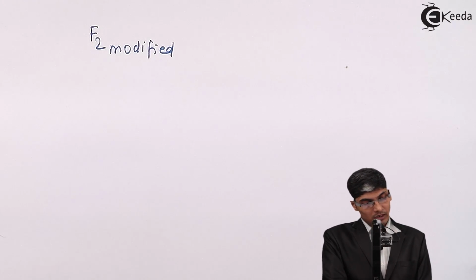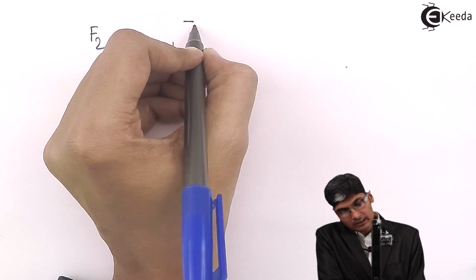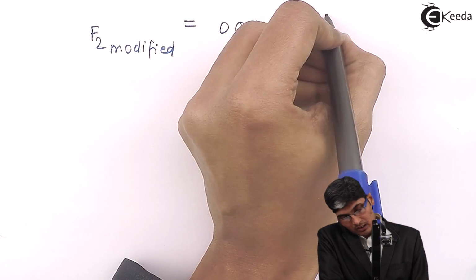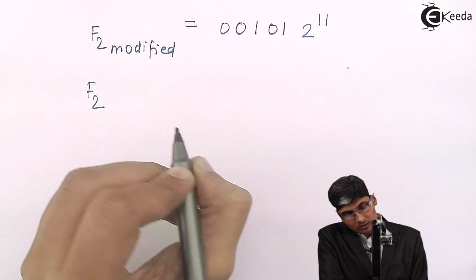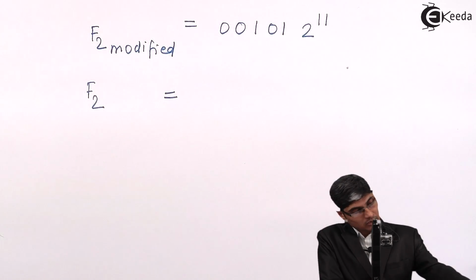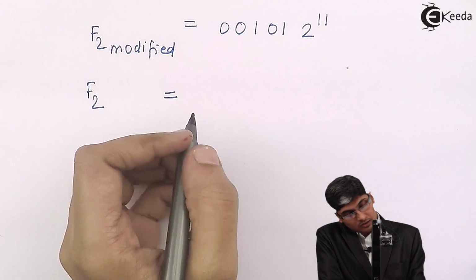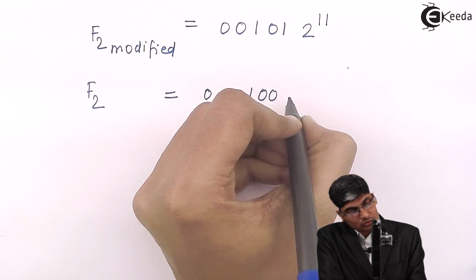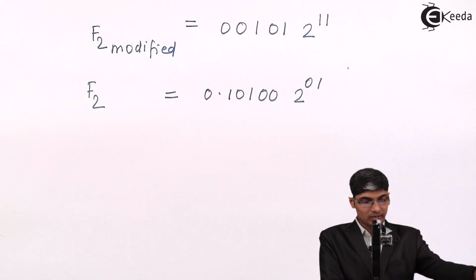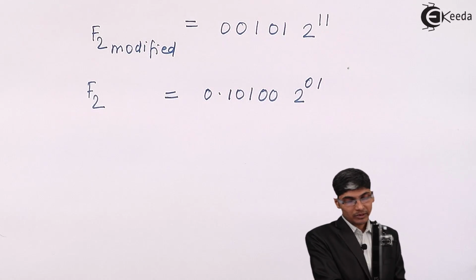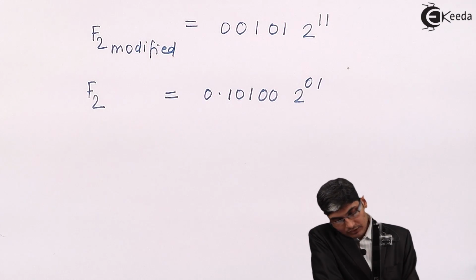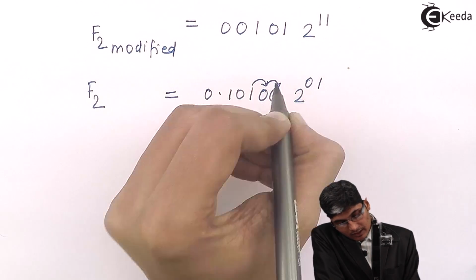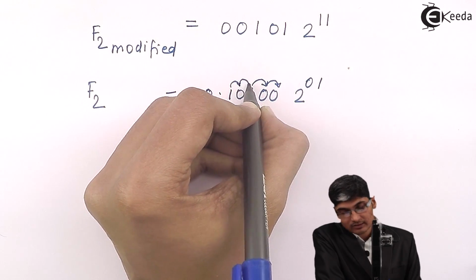The F2 modified, if you see correctly, is 0.0101, 2 raised to 1, 1, and F2, which is the non-modified number, is 0.10100, 2 raised to 0, 1. Correct? Now see the bit positions. The bit positions have been shifted twice. If you see here correctly, I have shifted this once and I have shifted this twice. In the same way, I have shifted this once and shifted this twice.